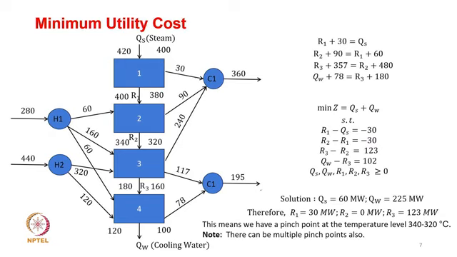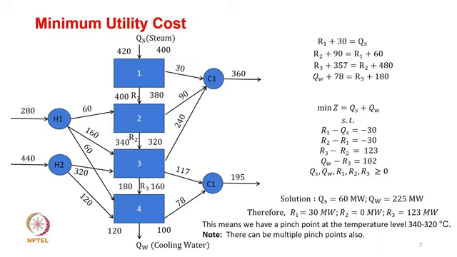We also need to understand that all these residual heats R1, R2, R3 should definitely be greater than 0, and of course the utilities QS and QW are also greater than 0. So this forms what we learned earlier as a linear program. When we solve this problem, we will get the optimal QS and QW.